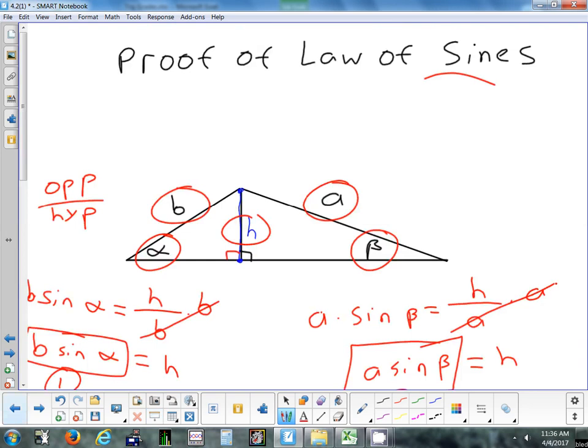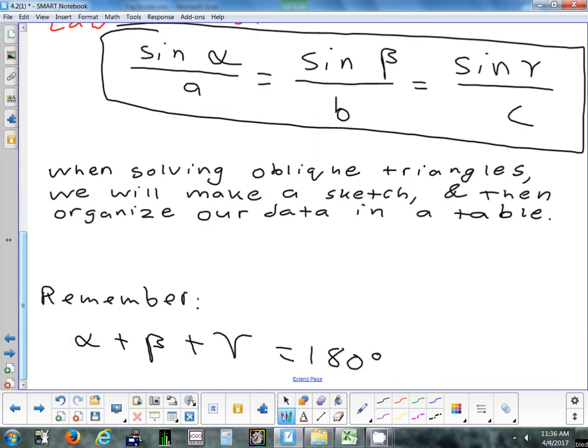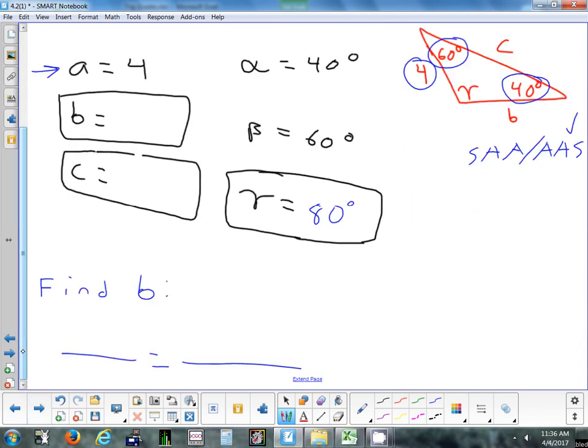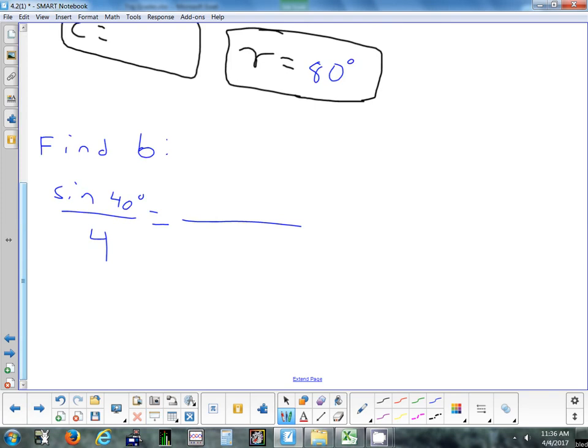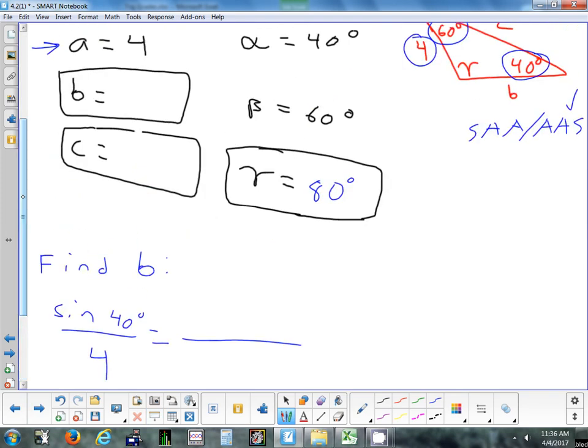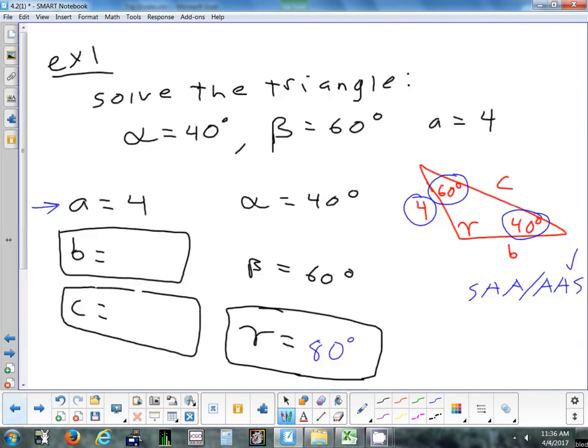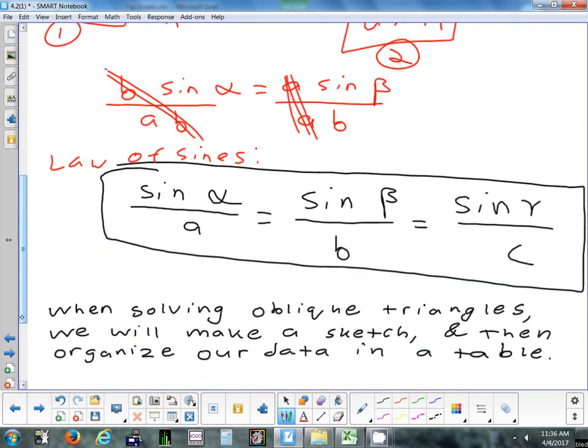So I'm going to look back at the law, and I'm supposed to do sine of alpha divided by A, and I'm going to put that on the left-hand side. So sine of 40 divided by 4. Now, depending on if I want to find B or C, I'm either going to use the second part if I want B, or the third part if I want C. I'm doing B, so I'm going to use sine of beta over B. You don't need the third part for right now.